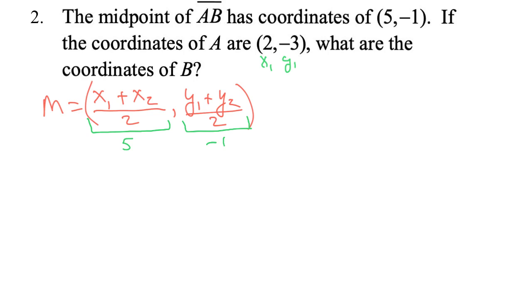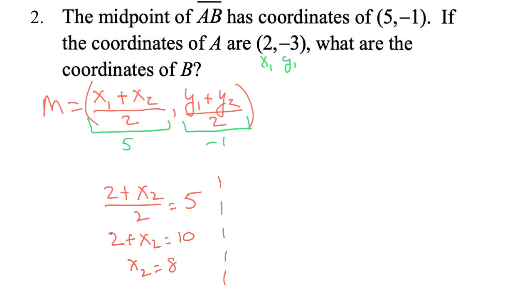So let's go ahead and do that. We have x1, which I know is 2. So we have 2 plus x2, divided by 2, set equal to 5. Then multiply the 2 across, and we get 2 plus x2 is equal to 10. Subtract the 2, and we get x2 is equal to 8.